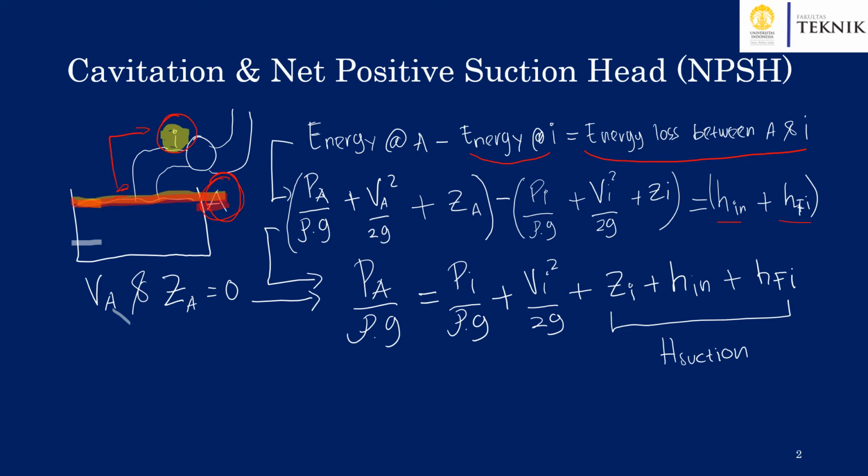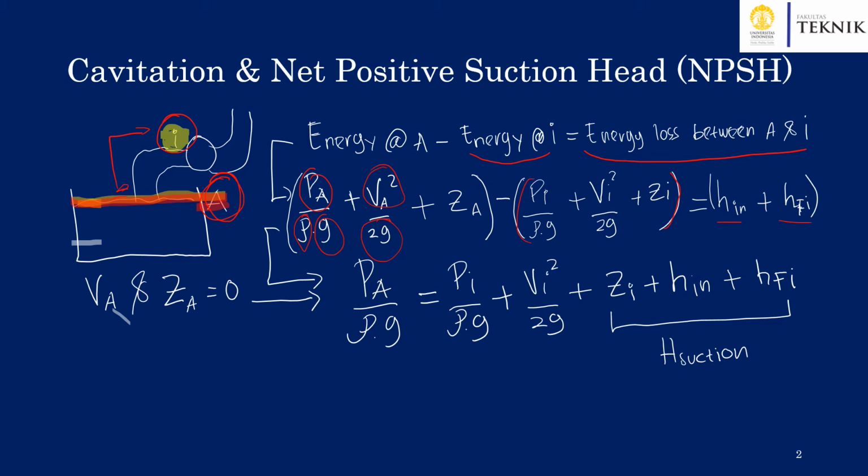We know that the energy at point A is equal to the pressure at point A divided by density and gravity, plus the velocity of fluid at point A squared divided by 2 times gravity, plus ZA, minus the parameters at the pump inlet when it reaches the suction of the pump.